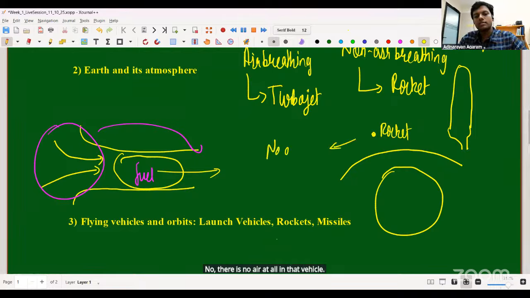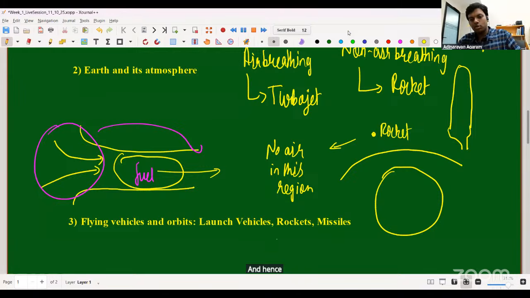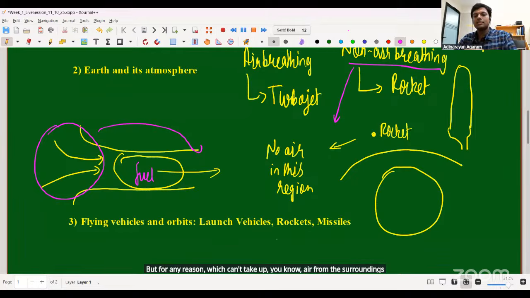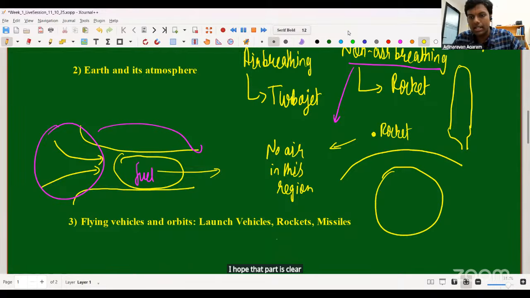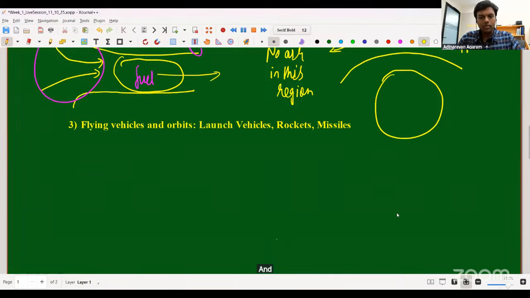So you don't have anything to take oxygen from, and hence you need to carry both. The rocket is not able to take air from the surroundings, and that is termed non-air breathing. So systems which, for any reason, can't take up air or oxygen from the surroundings are termed non-air breathing systems. I hope that part is clear to somebody who had asked. Yes, sir. Thank you.